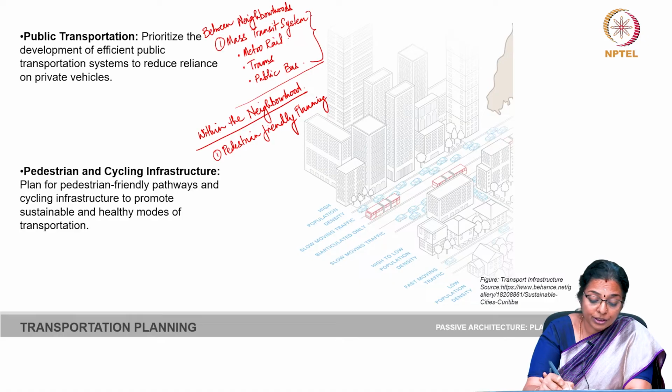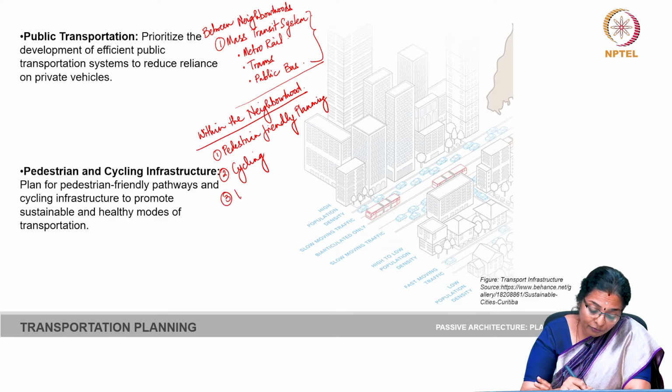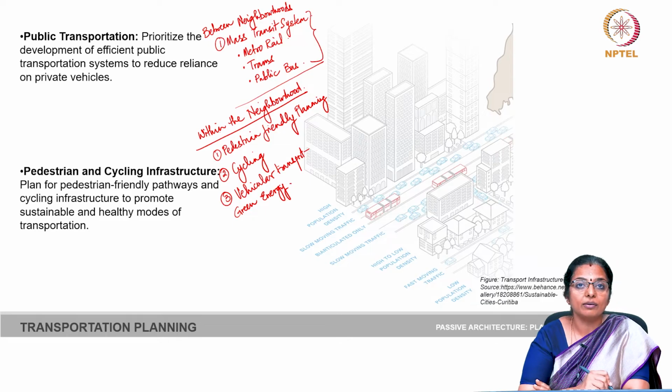We also need to create cycling, and if at all we have to have vehicular transport, it must be based on green energy. And what is green energy vehicular transport? With electric vehicles. So, we must encourage electric vehicles.